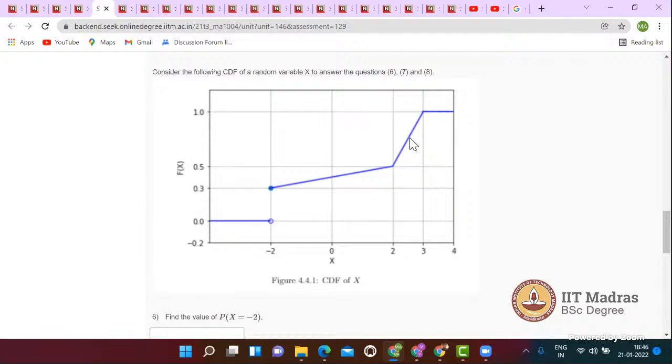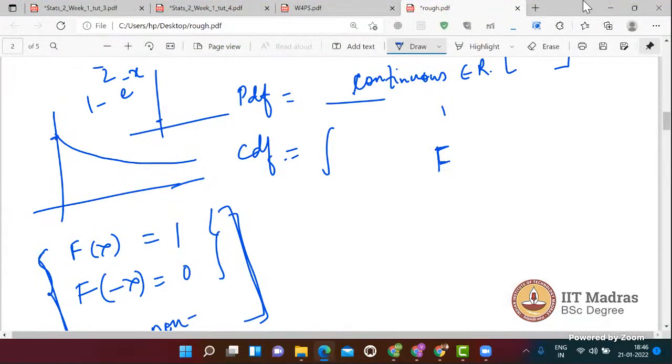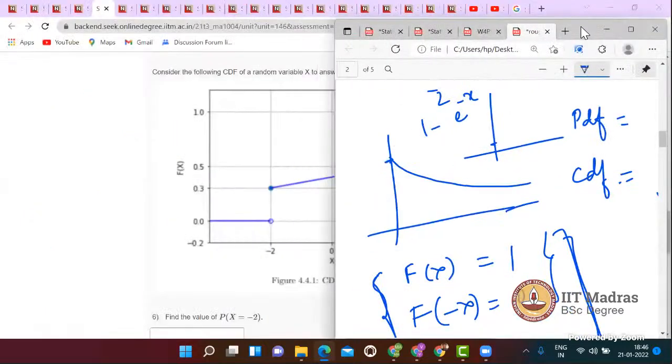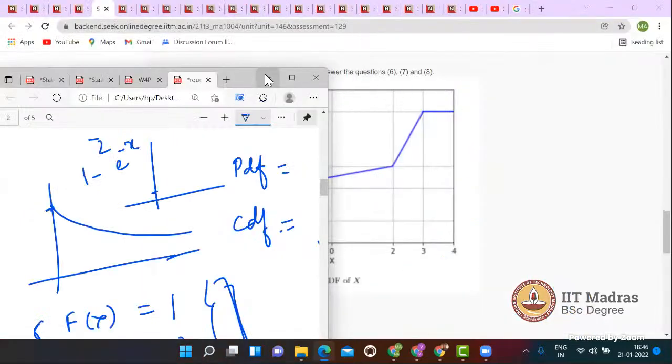I think the equation of line is wrong, sir. 0.5x plus 0.5. This will be the correct equation of the line.